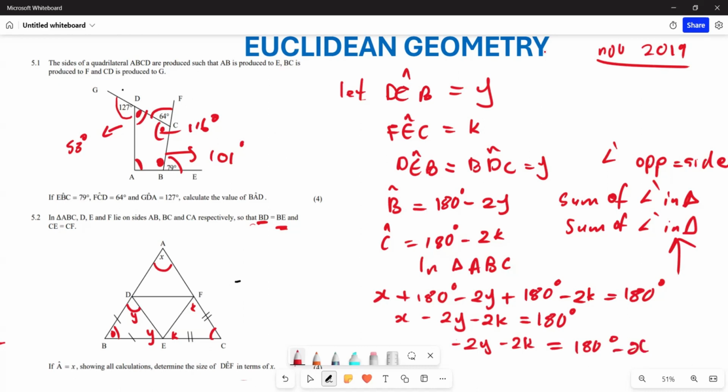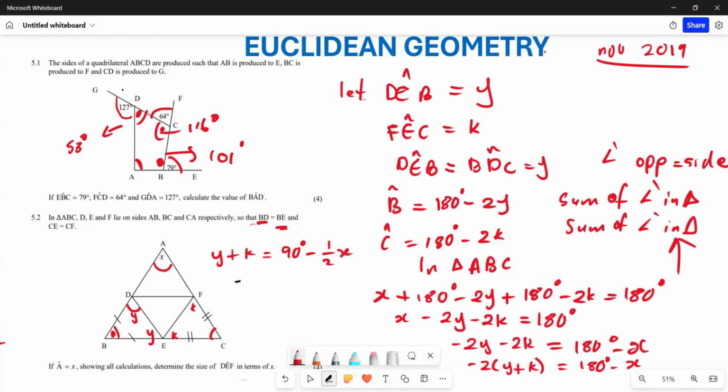So now I take out 2 as a common factor. I'm left with y plus k, which is equal to 180 degrees subtract x. And then I can divide by 2 everywhere, which means my y plus k is given by 90 degrees subtract 1 over 2 x, isn't it so, right?